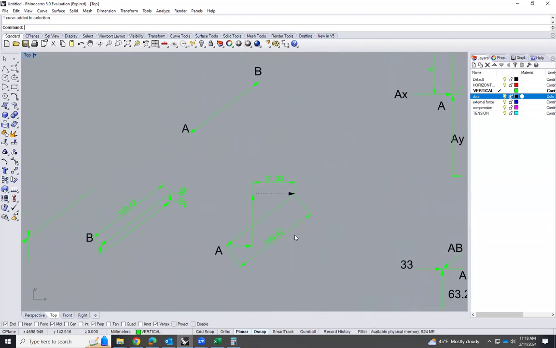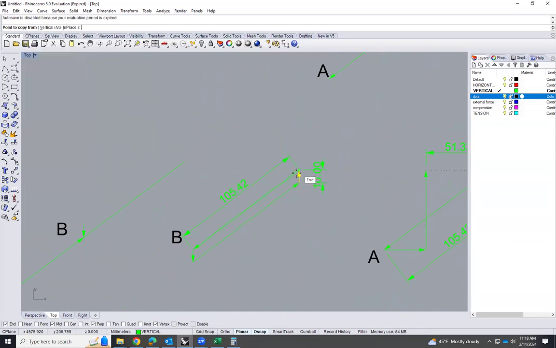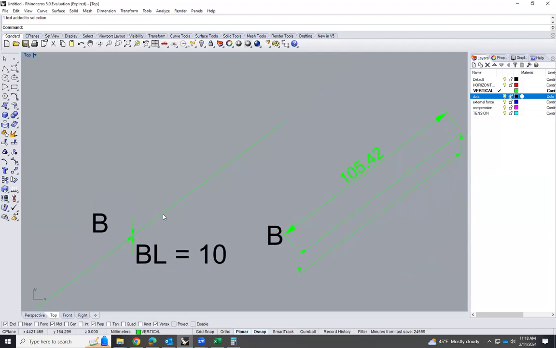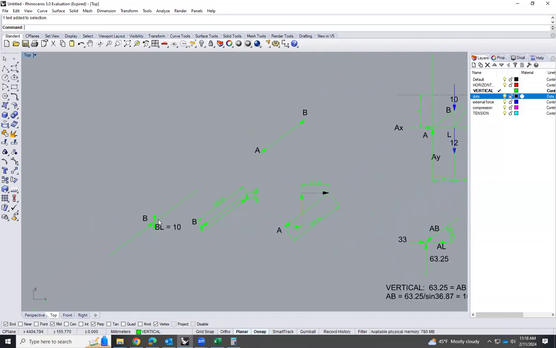At point B, BL is this one, going up. BL equals 10. And this one is BC.